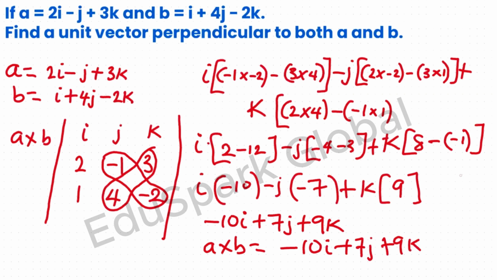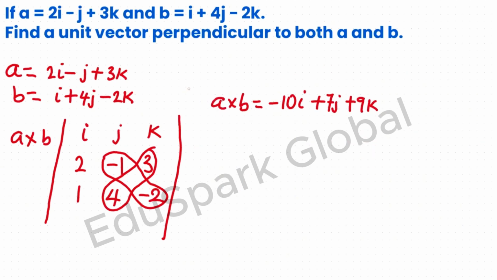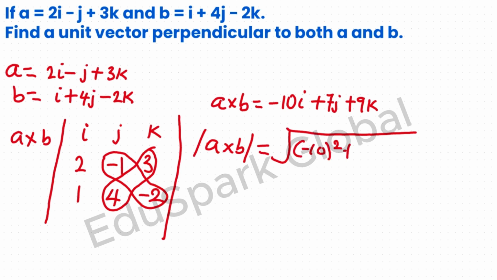The next thing for us to do is to find the magnitude of the product. The magnitude of A times B will give us the root of -10 squared plus 7 squared plus 9 squared.